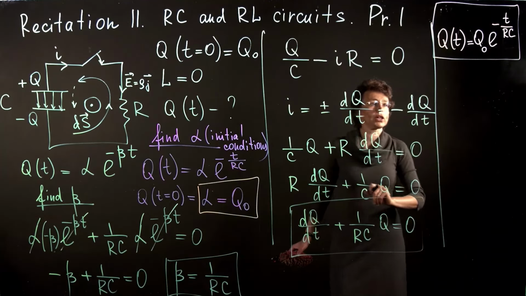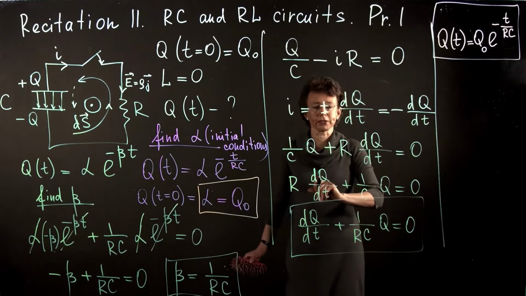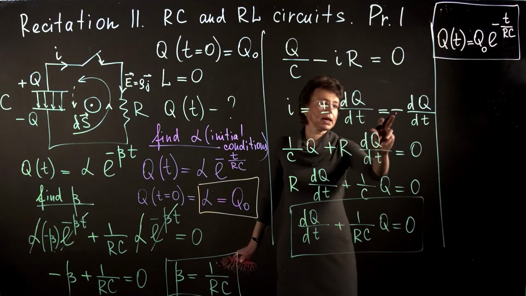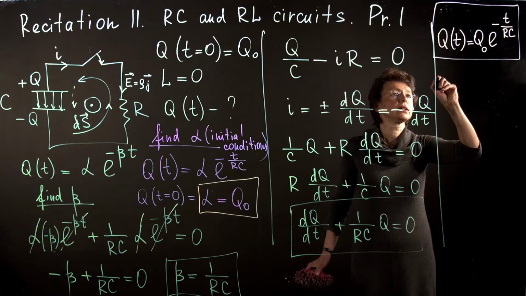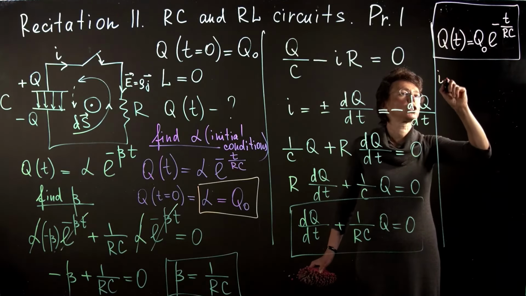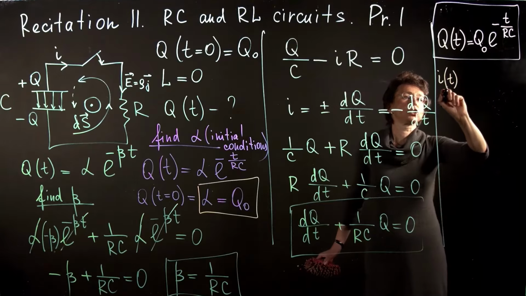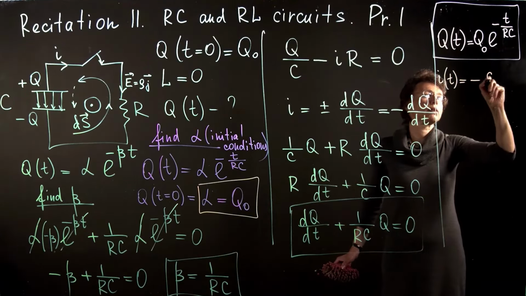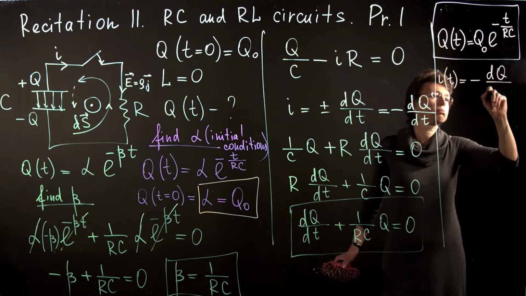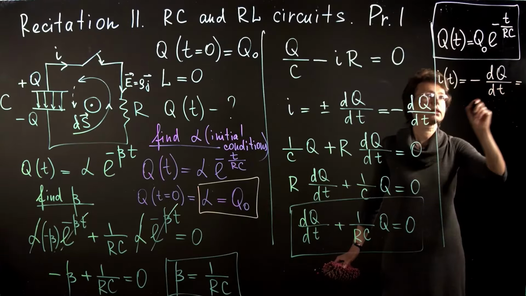Let's find the current now. What is current? Current is minus dq dt. So I need to differentiate this formula. Current as a function of time with our choices is minus dq dt.